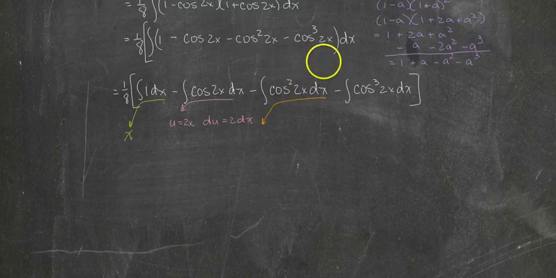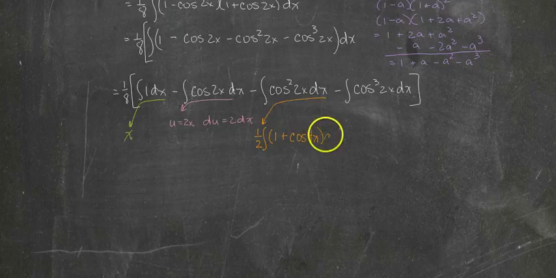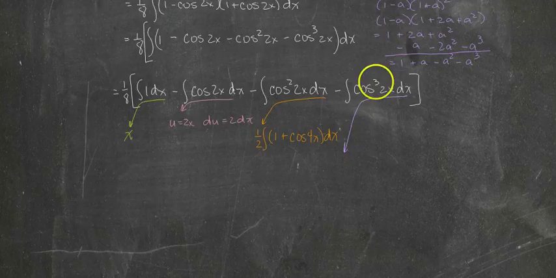Sine of 2x is to the 0 power, which is even. So we're going to use the power reducing identity. And we get 1/2 times the antiderivative of 1 plus cos 4x dx. And finally, the last antiderivative is of the form where m or n is odd.